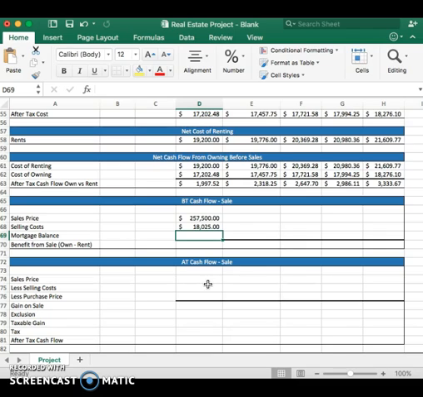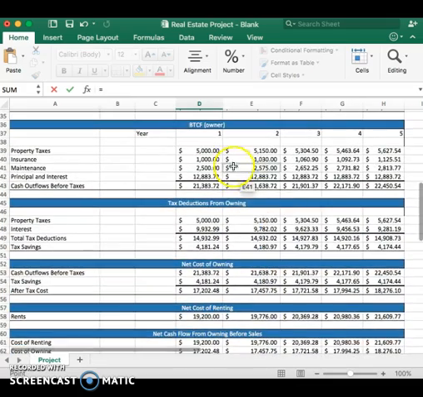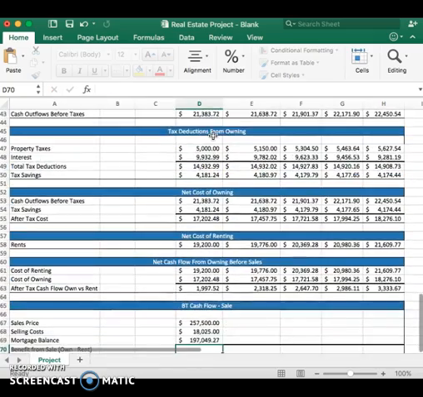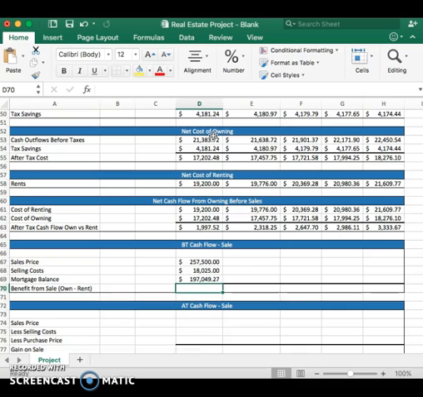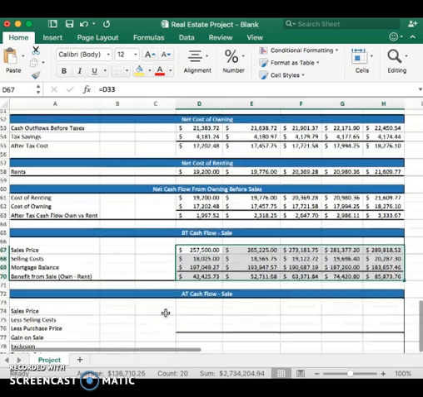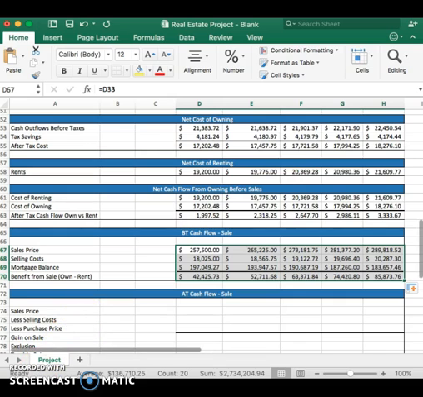And then the mortgage balance will be done by taking this, and then the benefit from sale will be done by taking D67 minus D68 minus D69, which leaves us with $42,425.73.